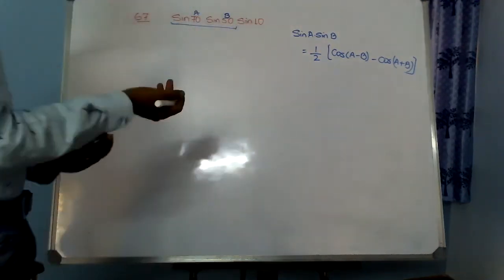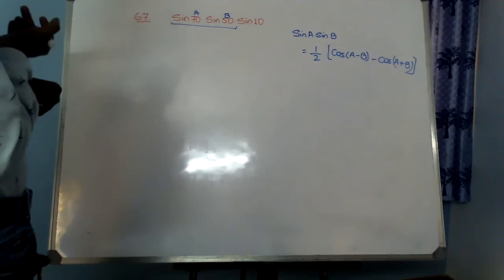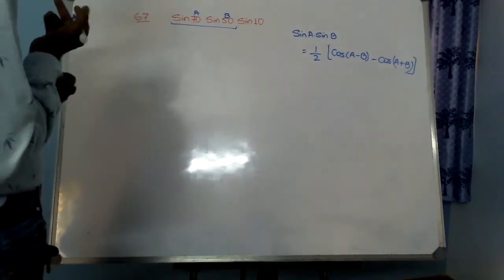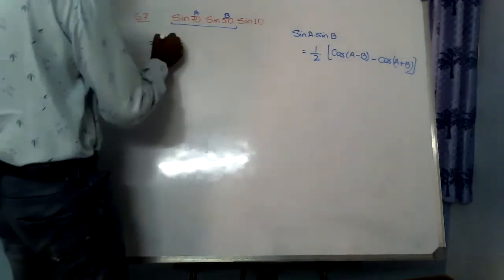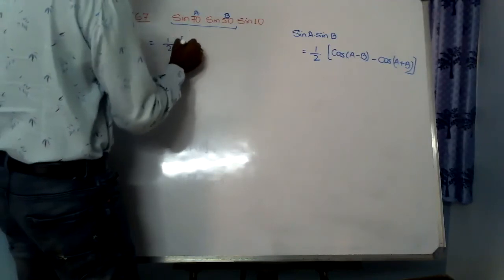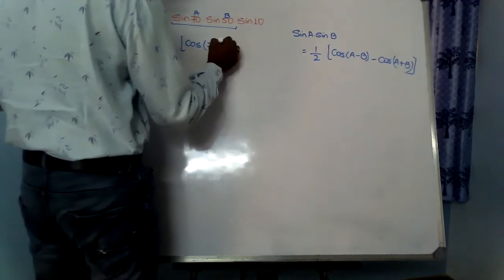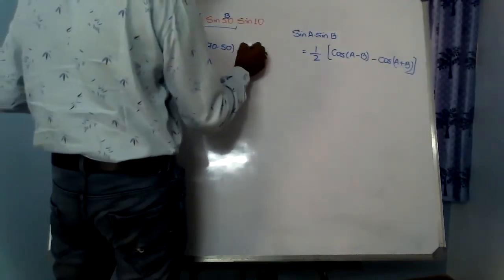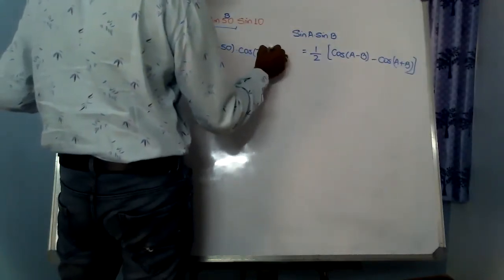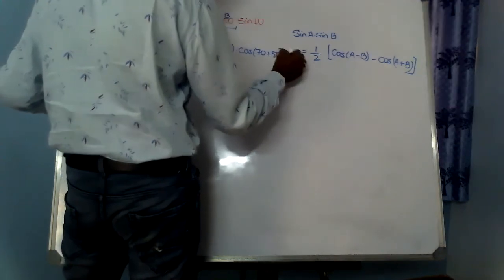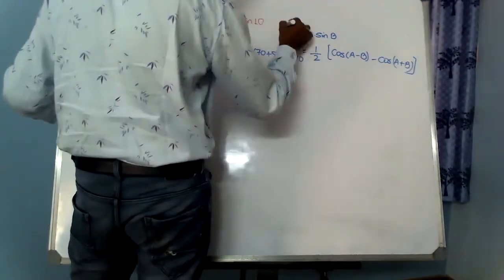Now if I apply that formula, I'll write 1 by 2 cos A minus B, that is cos 70 minus 50, minus cos A plus B, that is cos 70 plus 50, close the bracket, and write sine 10.